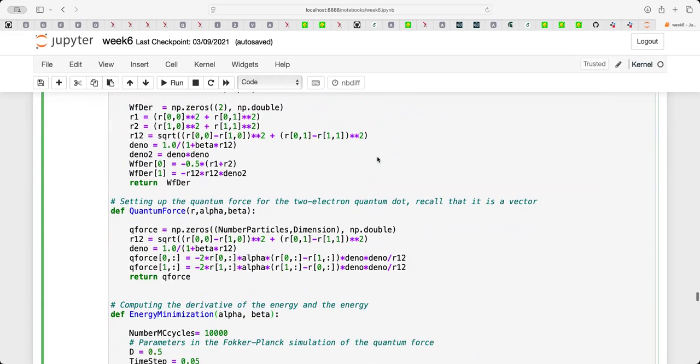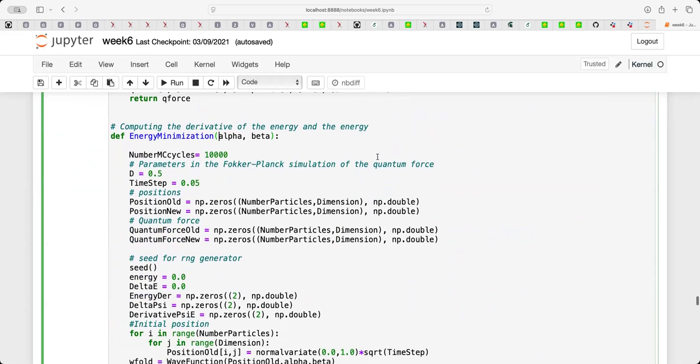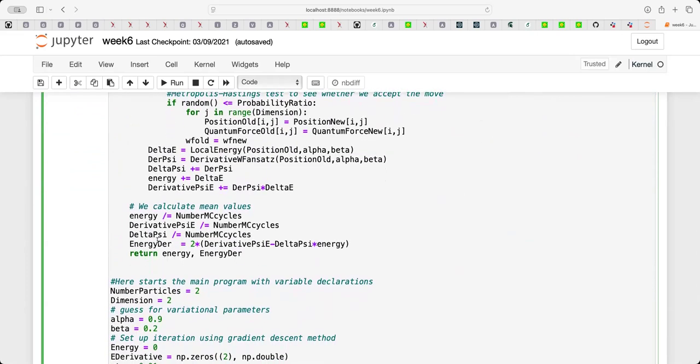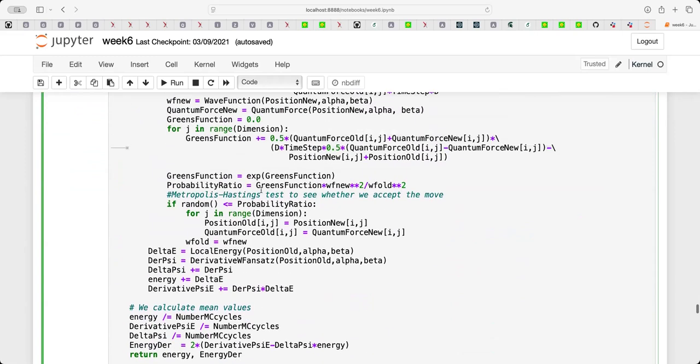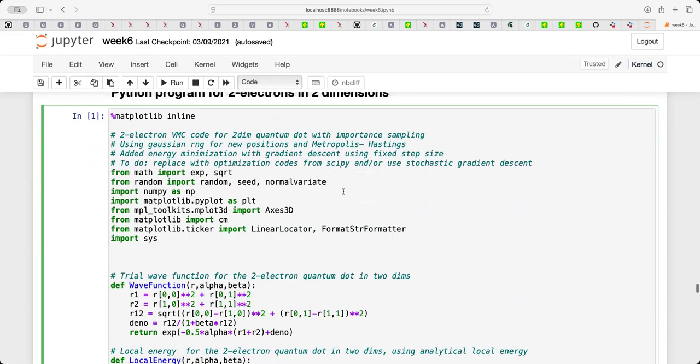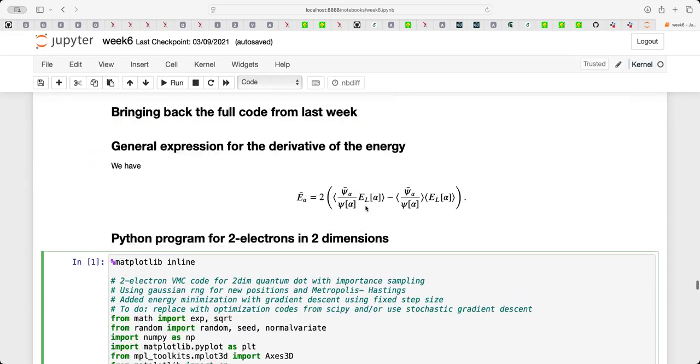Then I need the integral over that term, which I called delta psi here. Delta psi, that specific term, you can see now it contains the local energy and the derivative of the trial wave function. So this term here is simply the first integral we have to evaluate, this specific integral here.